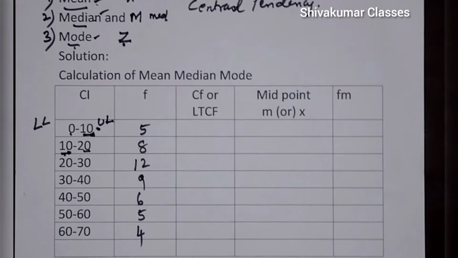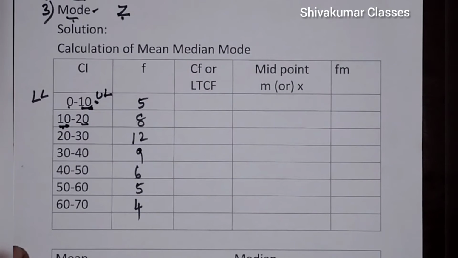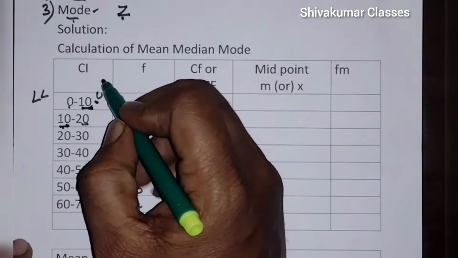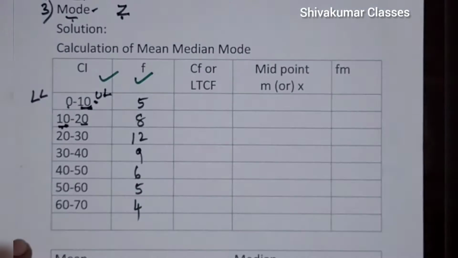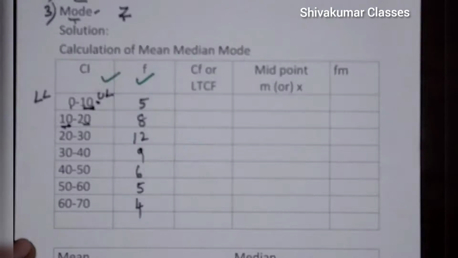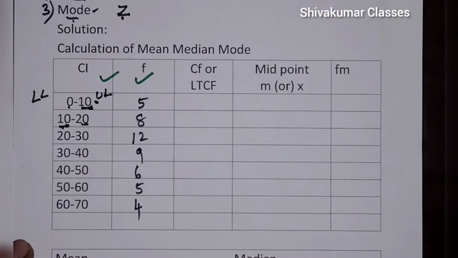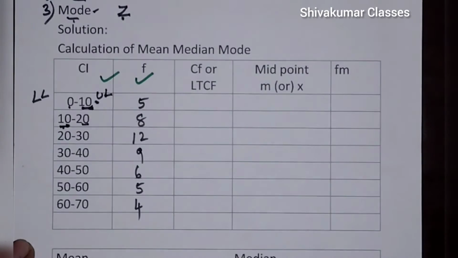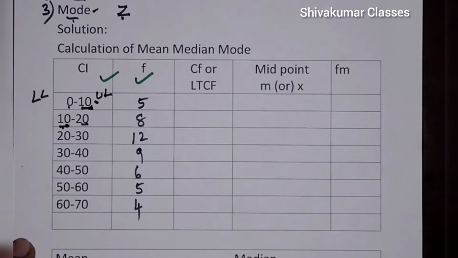But the way I am going to explain, let us calculate the mode first, median second and mean last, because of the information given in the question. When we want to find the mode, we don't require any other calculations in the columns; we can work it out directly.